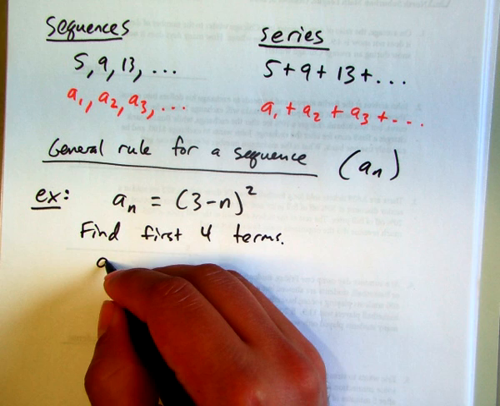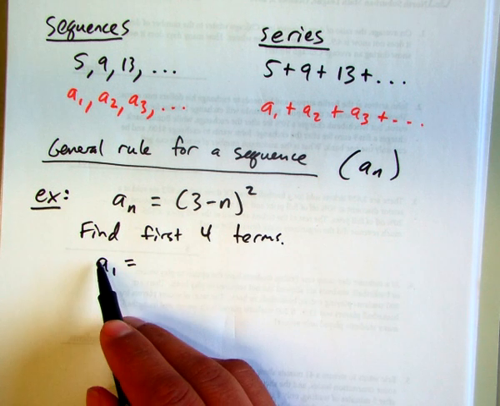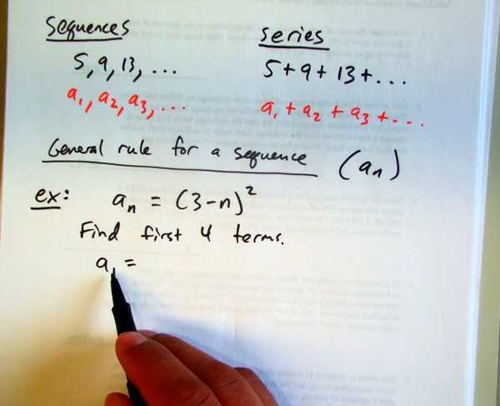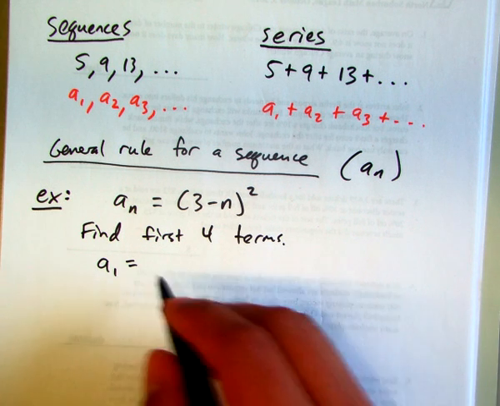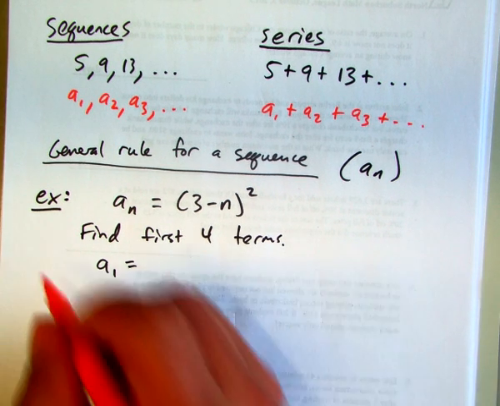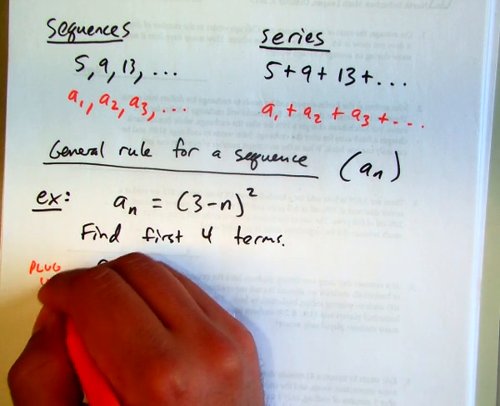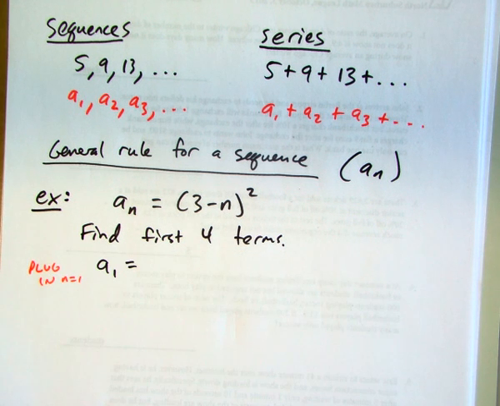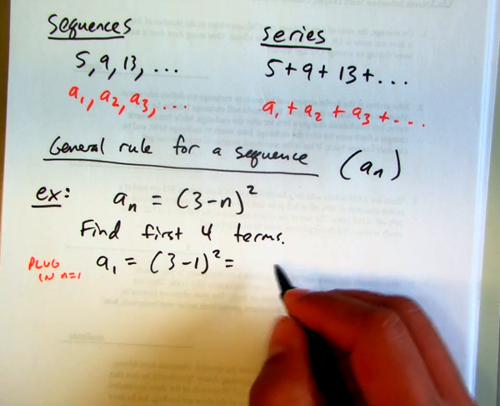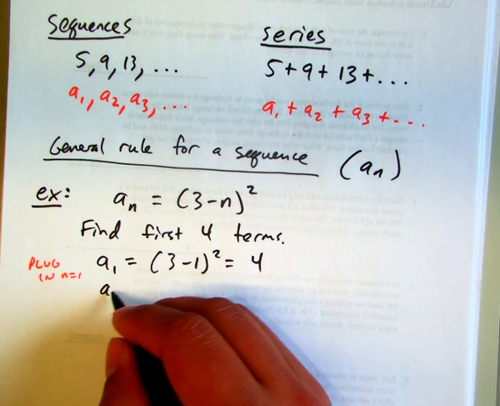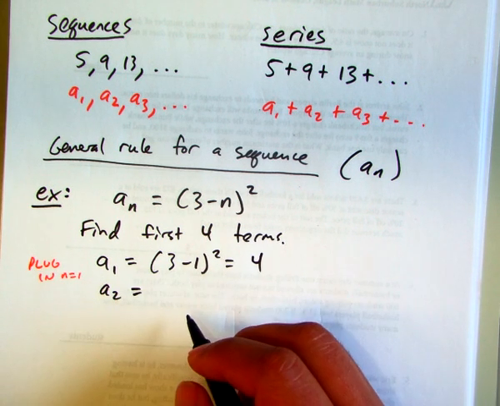To find the first term, which again the notation a sub 1 means the first term of the sequence, you just take 1 and plug it into the formula. So you plug in n equals 1, and you're going to do 3 minus 1 squared, which is 2 squared, which is 4. And we'll repeat that for the second, third, and fourth number.